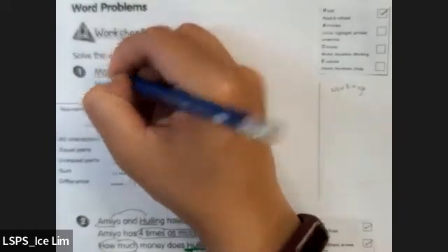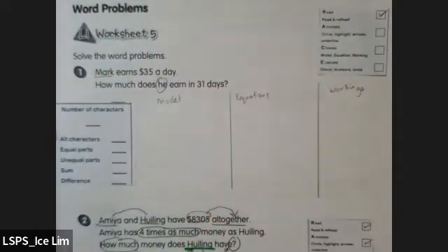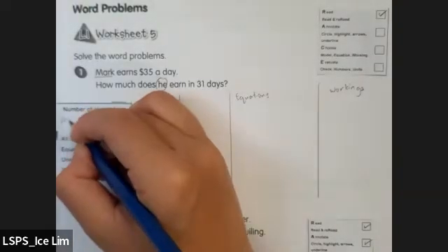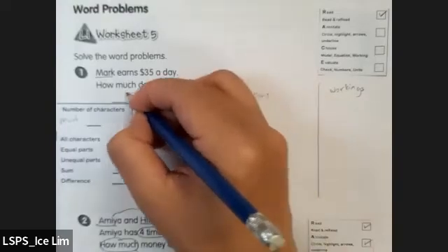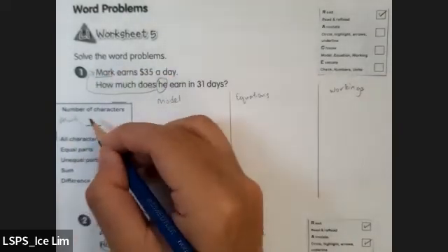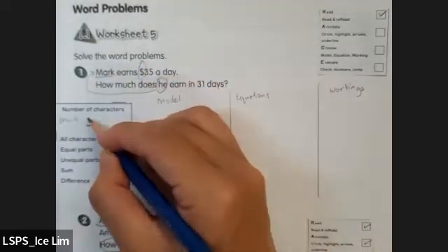I've marked, and that's the only character that I see here. So I have Mark, who is he, so I must identify he. I have a dollar sign here, there's something about money.